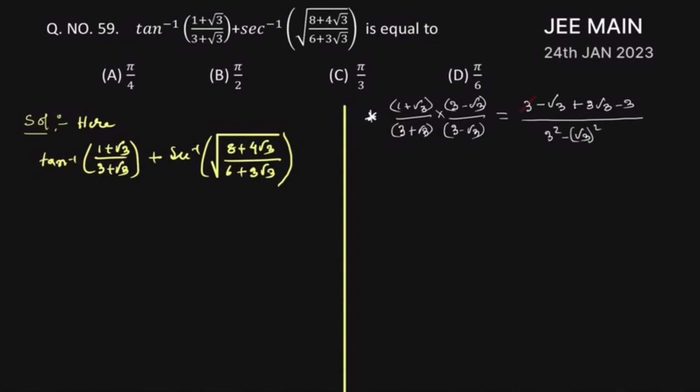Now 3 and 3 cancel, minus root 3 plus 3 root 3, we will get 2 root 3.